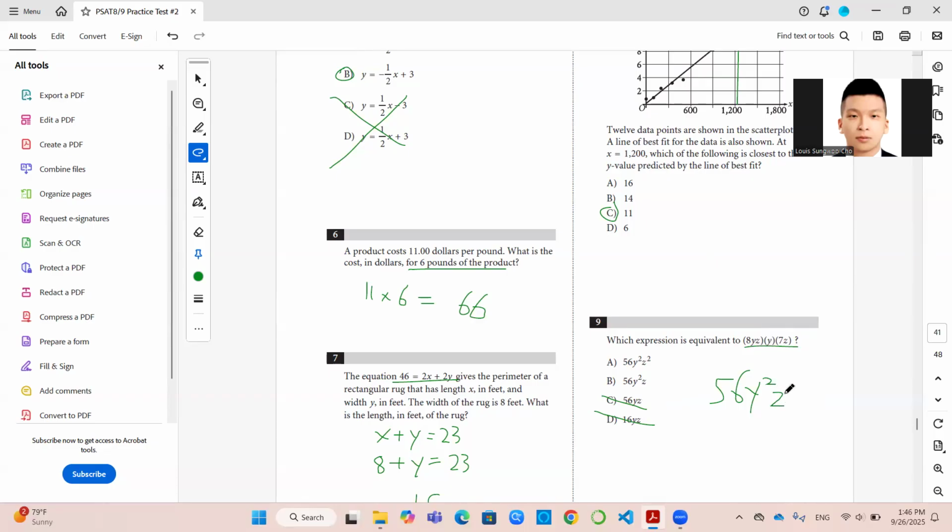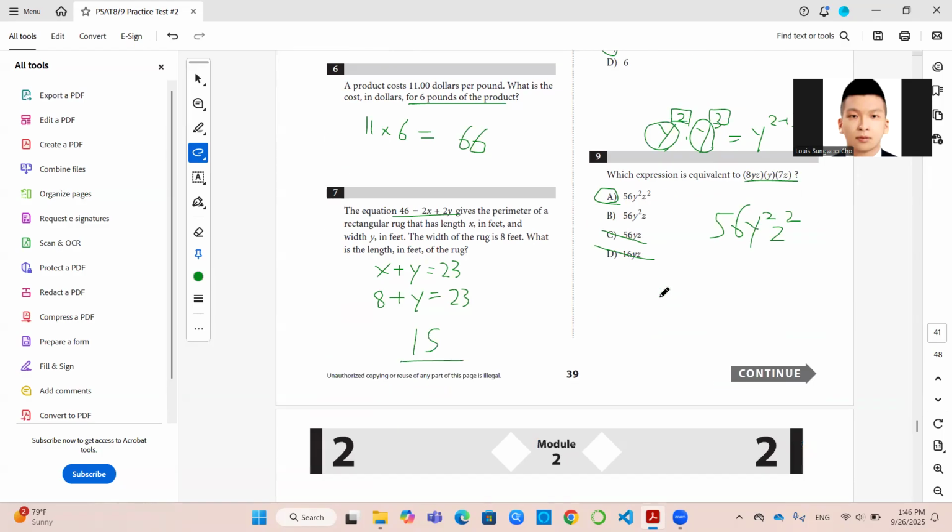There are 2 z's. Remember that when you're multiplying with the same base, you're adding the exponents. And you have this one here at the top. Okay?